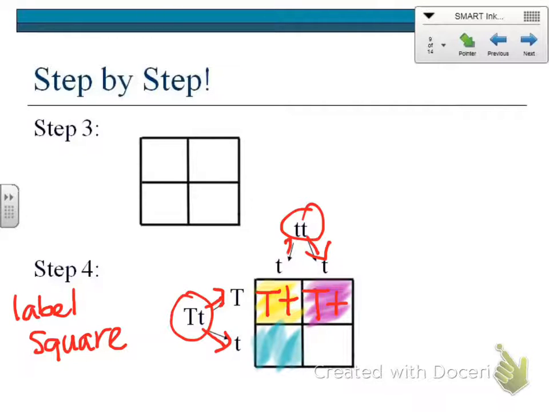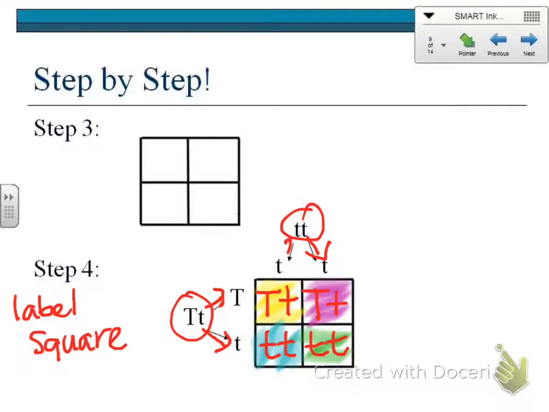What's to the side of it? All right, so we've got little t, little t. And our last box. What's above it? What's to the side of it? All right, so we filled in our boxes. Everybody with me? Any questions?